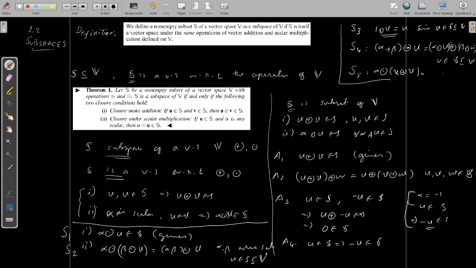This can be written as alpha times u plus alpha times v, because this u, v belongs to S, that is a subset of V. So we can say that all the axioms of a vector space are satisfied by this S. When we assume these two closure properties, the subset with these two closure properties should satisfy all the axioms of a vector space, hence it is a subspace. So this proves theorem 1.